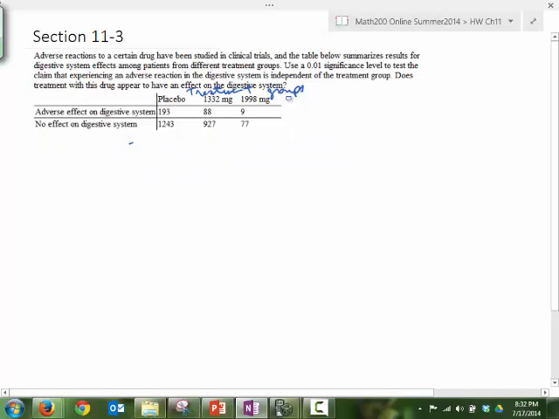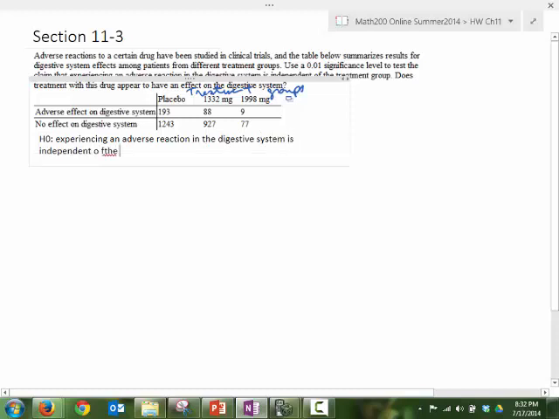Better off typing. So H naught is going to be whatever that claim is. Experiencing an adverse reaction in the digestive system is independent of the treatment groups.